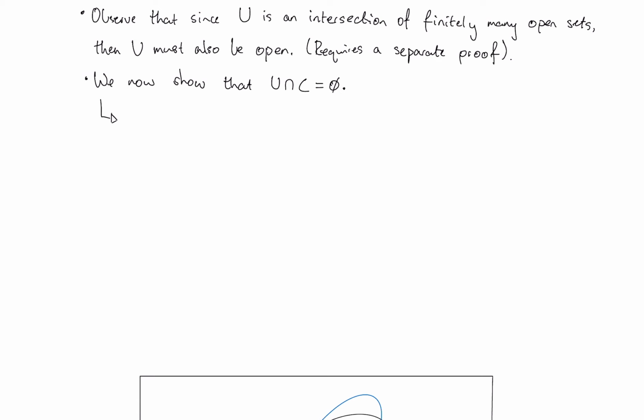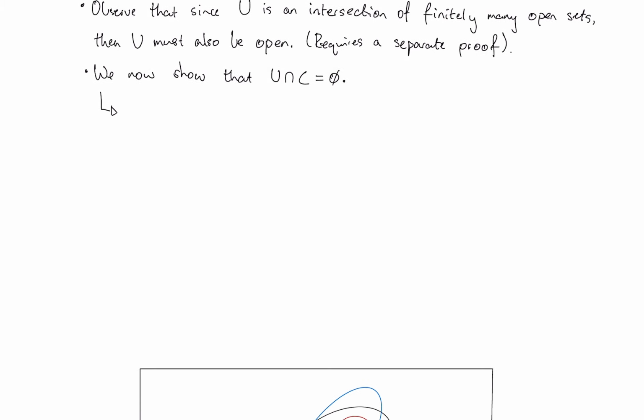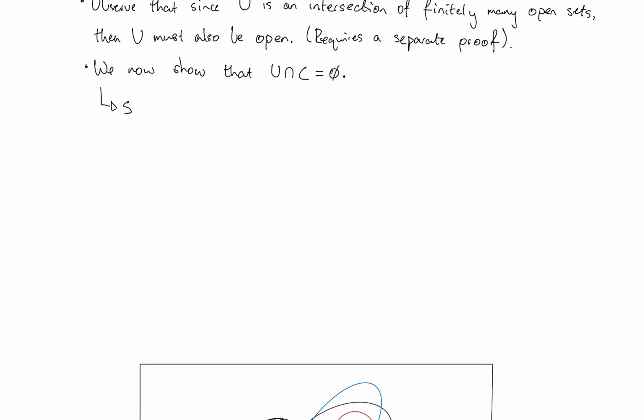And let's do this by contradiction. So let's suppose we have some point in this intersection here, point C dash or C bar, living in this intersection.